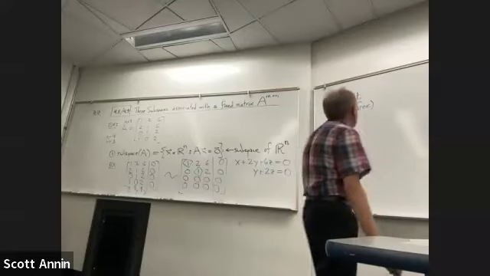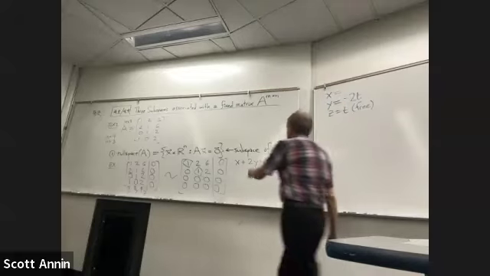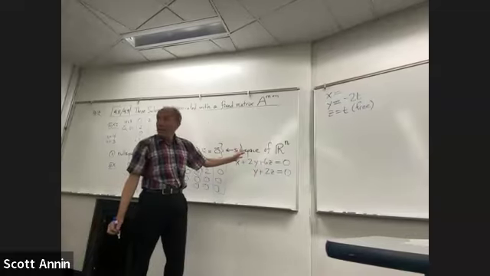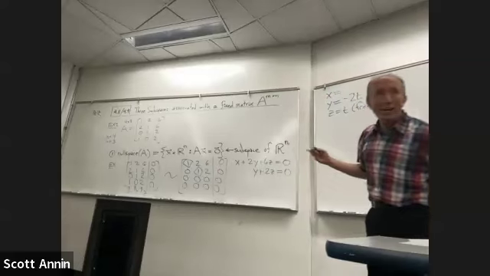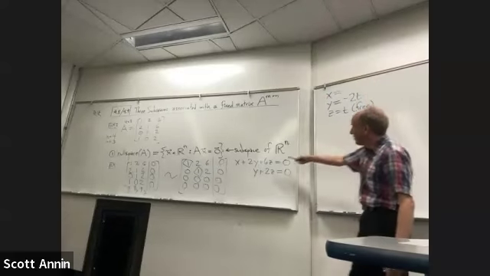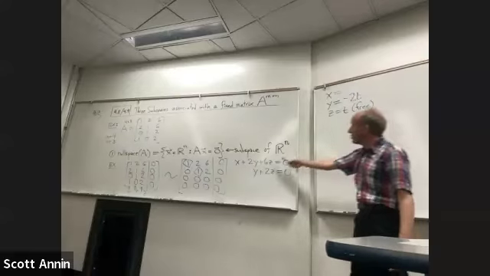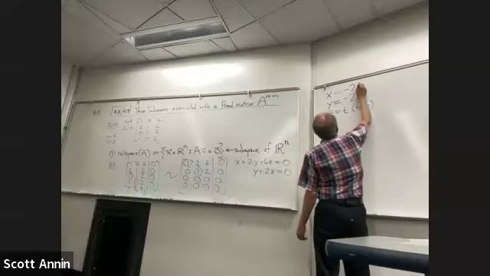Okay, and then, well, what about x? Let's see, if I solve from the first equation, x would be negative 2y minus 6z. So I'm going to see if I can do this in my head. Negative 2y is actually 4t, and then I subtract 6t from that, I get negative 2t.